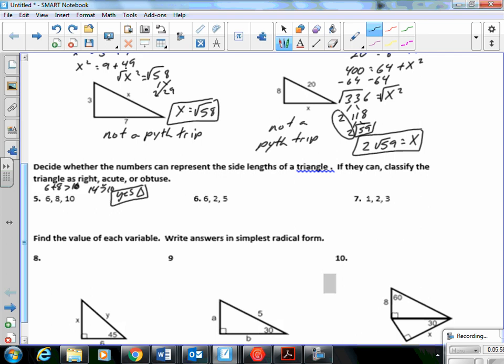So 10 squared, we're going to compare that to 6 squared plus 8 squared, or 10 squared is 100, compared to 36 plus 64, which comes out to be 100 compared to 100, which is equal. And since those are equal, then that means it fits into Pythagorean's theorem, which makes that a right triangle.